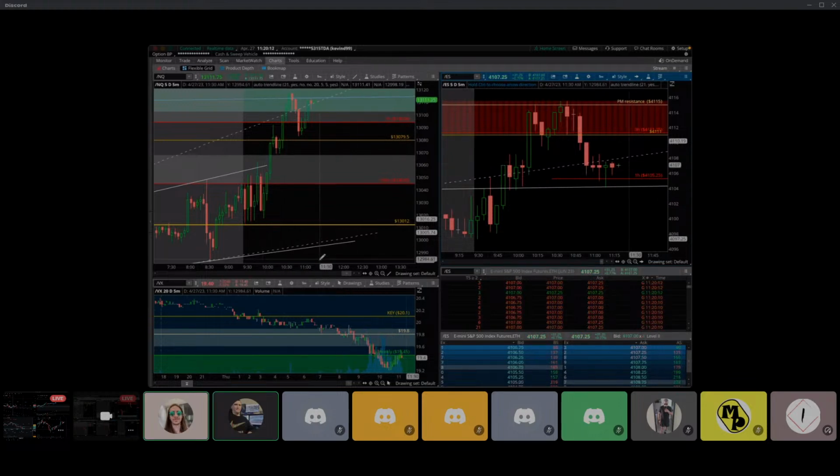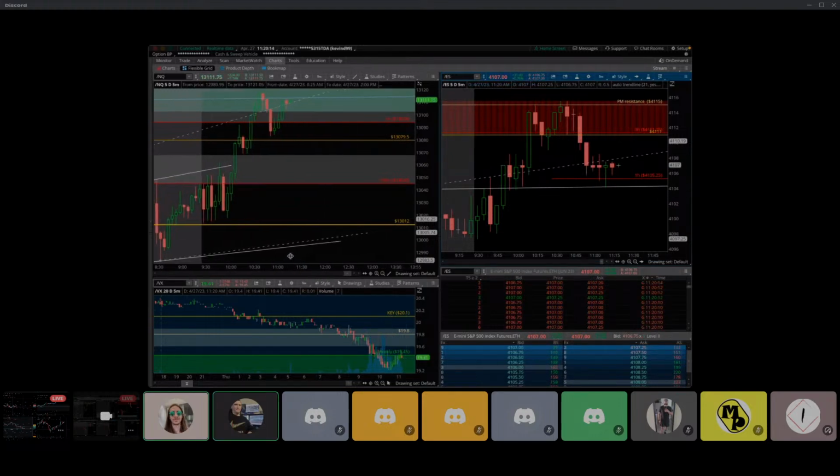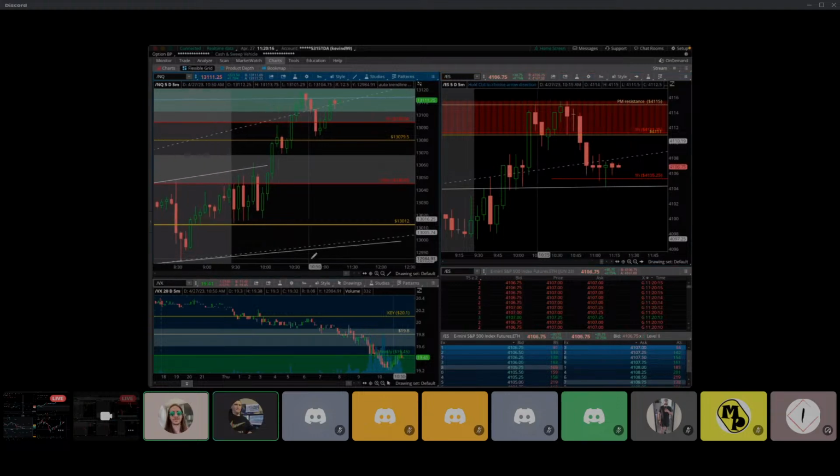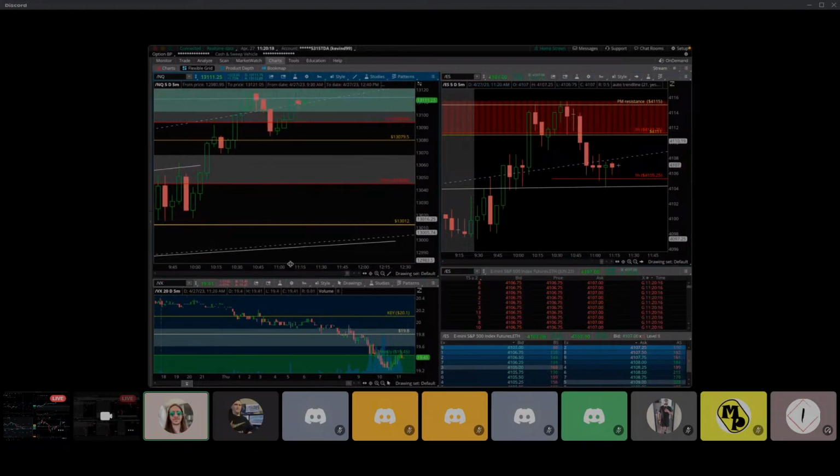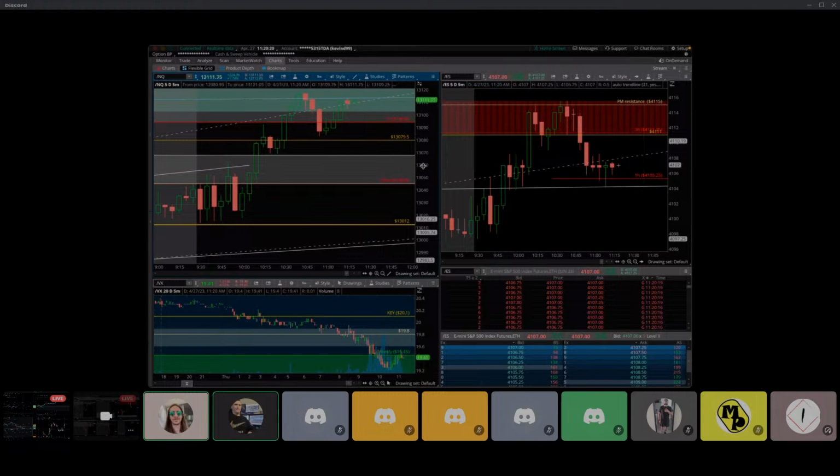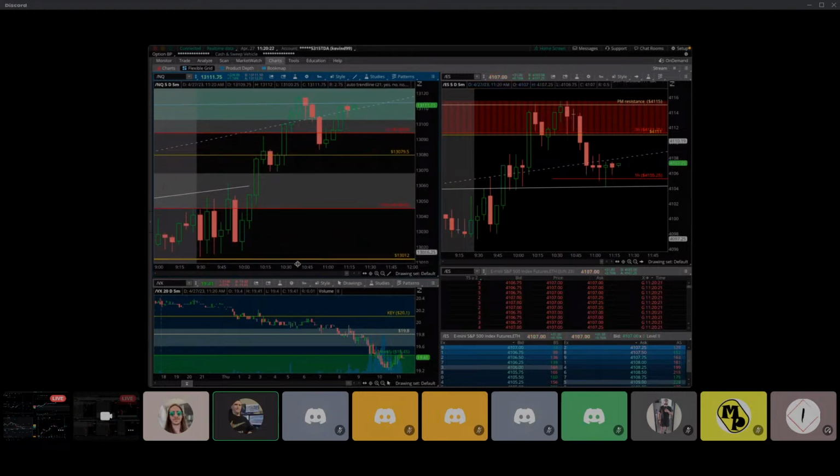NQ looks like it wants to even try to make a new high today. You see that? NQ is so strong. Let me zoom out here. This is on the 5-minute. NQ created a rally with those 3 5-minute candles, a basing with that one red candle.